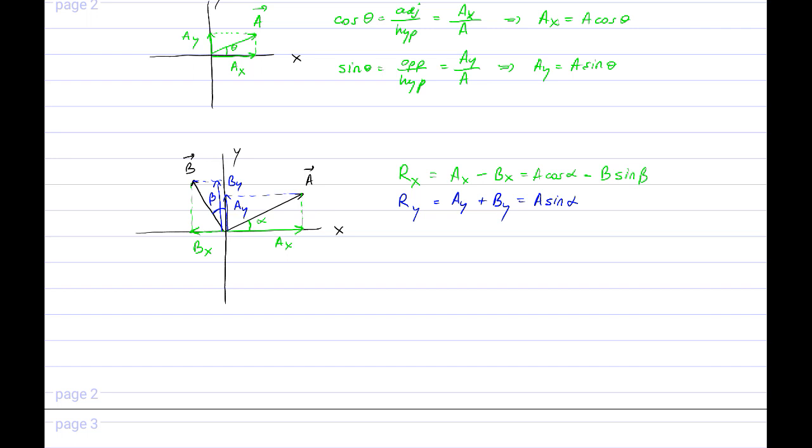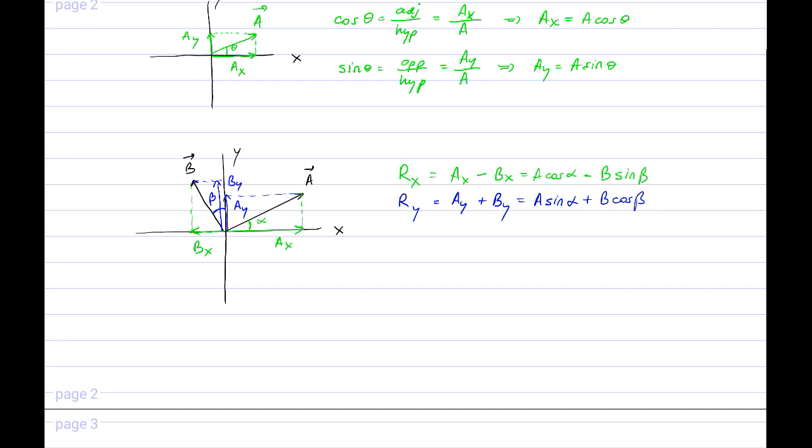And then B y, this vector is adjacent to beta, so that's going to be a cosine. And I'm adding them together, so I have B cosine beta.